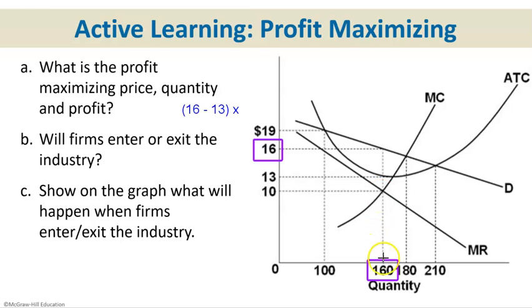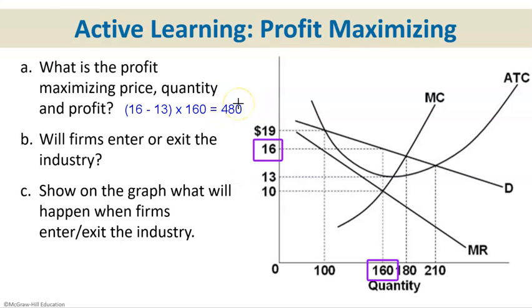Multiply by the quantity of 160. And you will get 480. So the firm is making an economic profit of $480.